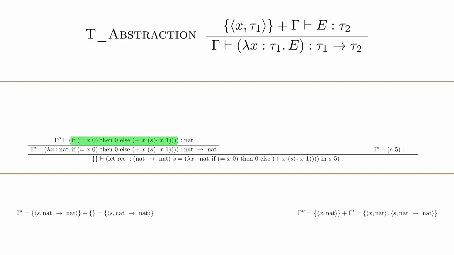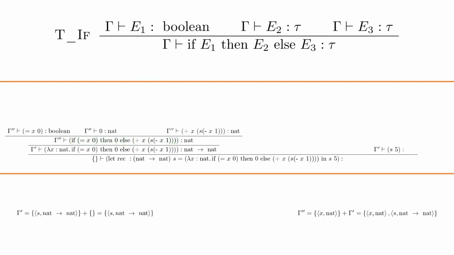This expression is an if-then-else, so we'll use the rule for if-then-else. Again, we can already fill in tau, since the result type is already known, it's already been restricted. We need to verify that the condition is a Boolean, and that both branches are of the same type tau, which the context said must be nat.